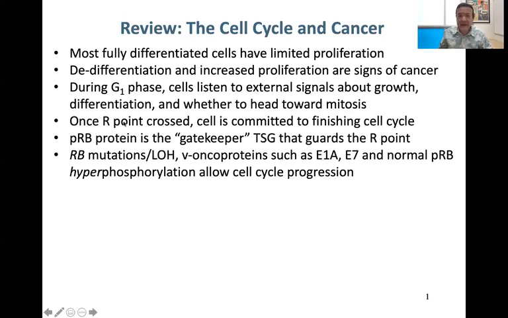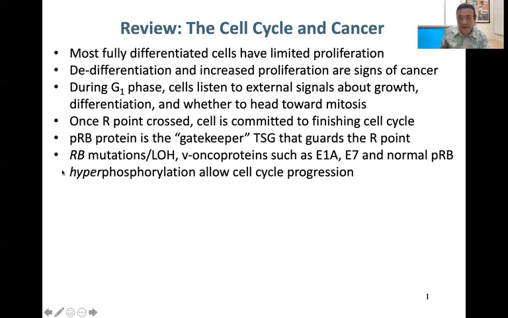We learned that RB, or the protein product of RB, is a gatekeeper, right? A tumor suppressor gene that guards this R point. And it does so by holding on to, or sequestering, those E2F transcription factors that would otherwise be driving production of the next wave of proteins that would be needed to move into S phase, for example.